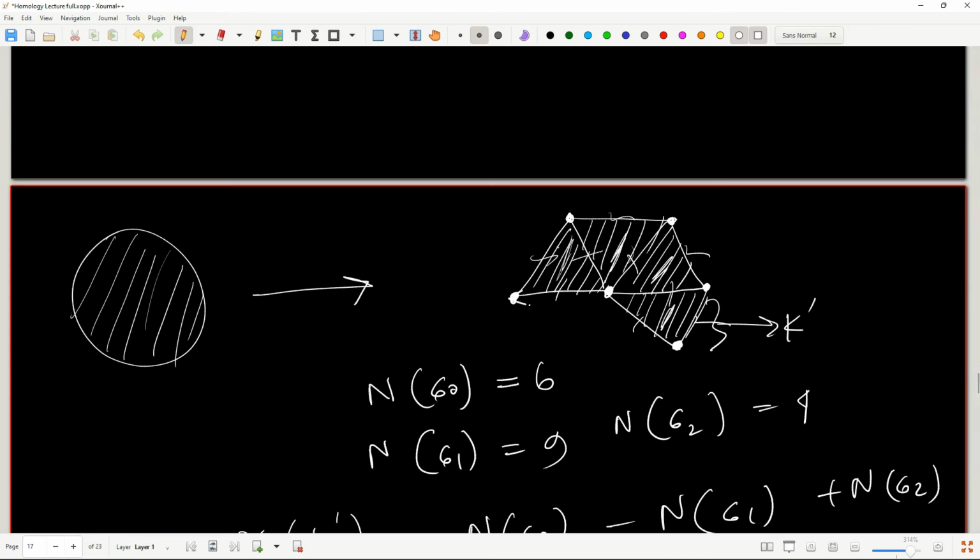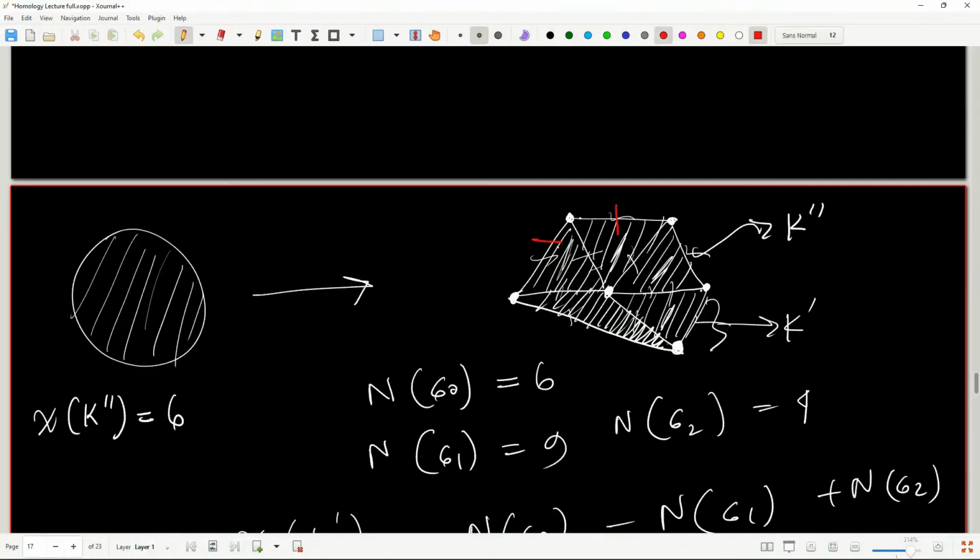And you can even fill this up, and let's call that K double prime. You want to compute this for K double prime, now you have how many vertices? You have 1, 2, 3, 4, 5, 6. Again, 6 vertices. Okay. You have how many edges? Let's count the outsides first.